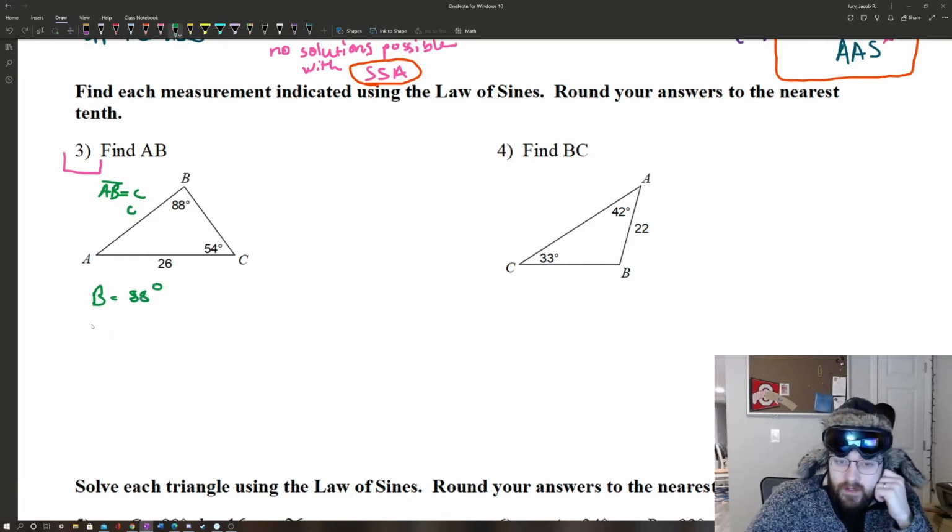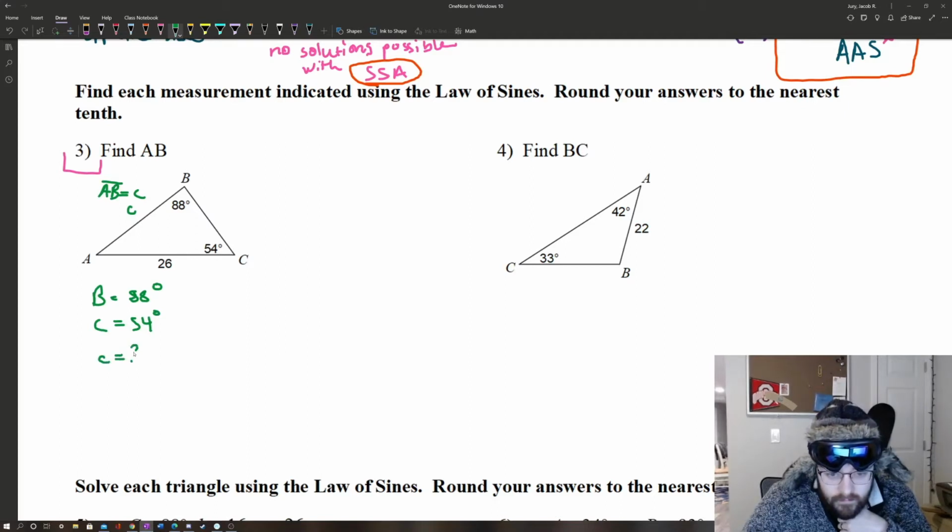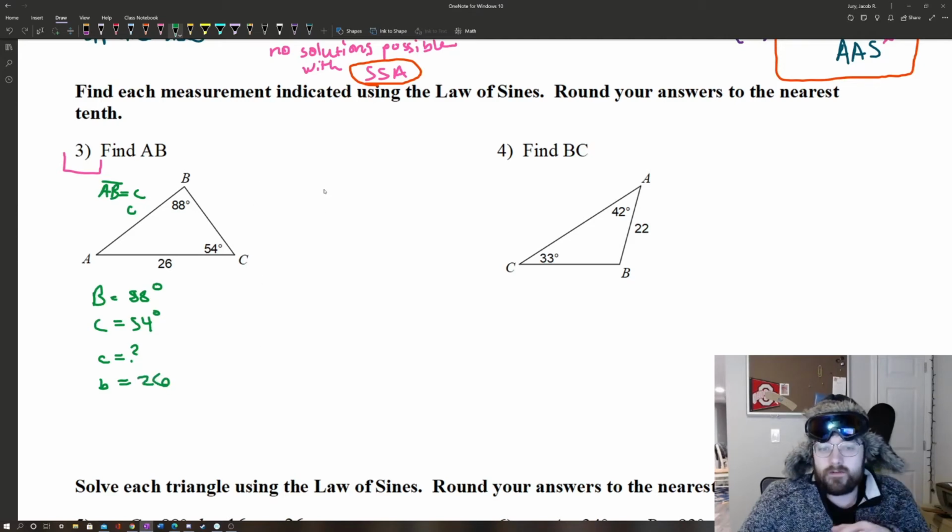Angle B is 88 degrees, angle C is 54 degrees, and side C is unknown, but we do know side B. B is 26.